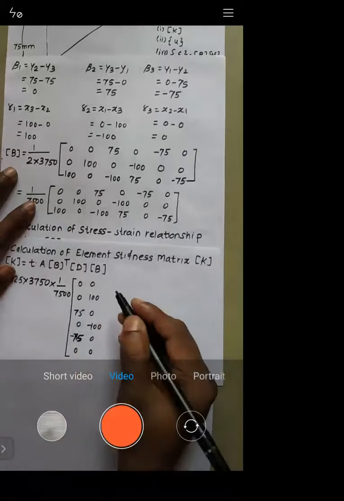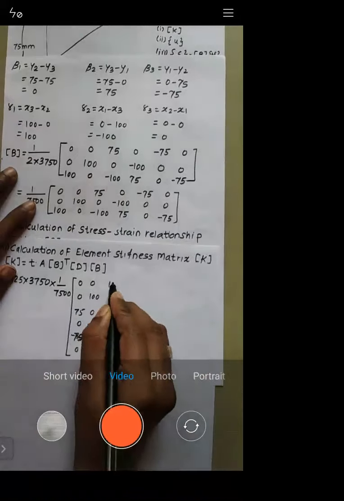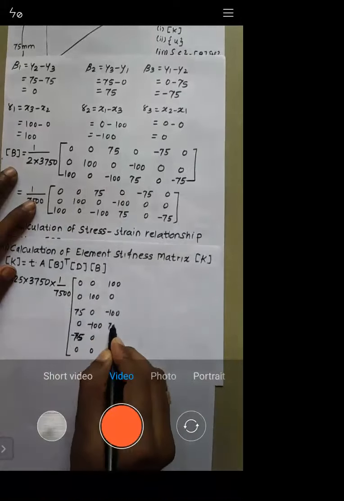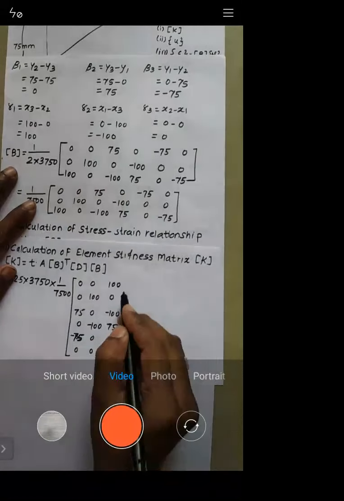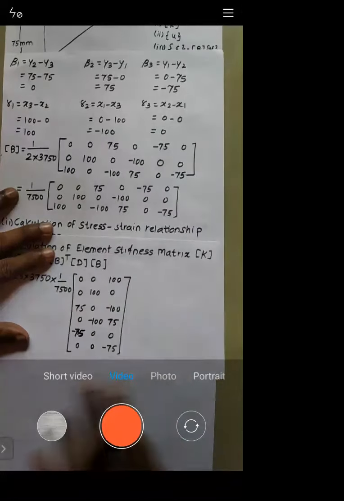Then 100, 0, minus 100, 75, 0, and minus 75. Is it okay?